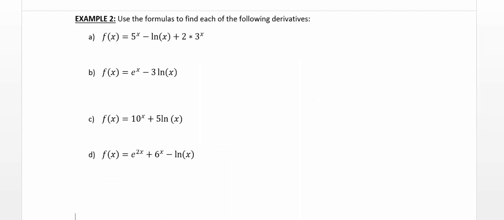Example 2. Use the formulas to find each of the following derivatives. So for the first one here, we're going to be able to go term by term because again, the sum and difference rule also applies here. So when going term by term, the first term is 5 to the x. We said with an exponential function, you get the same thing back times the natural log of the base.